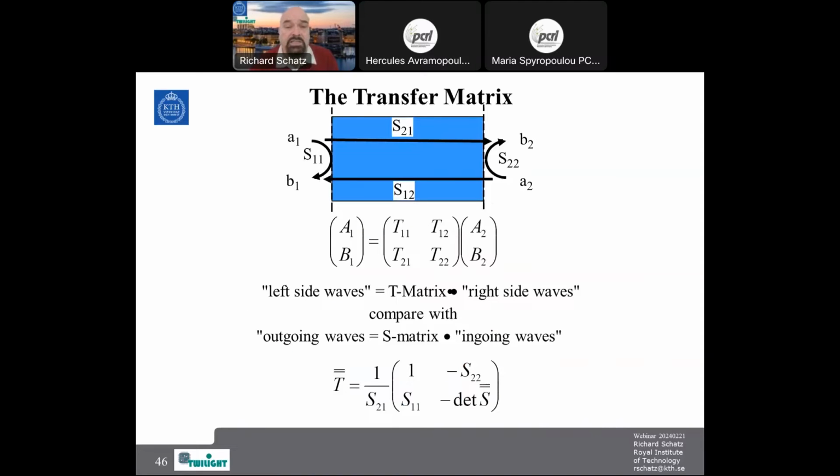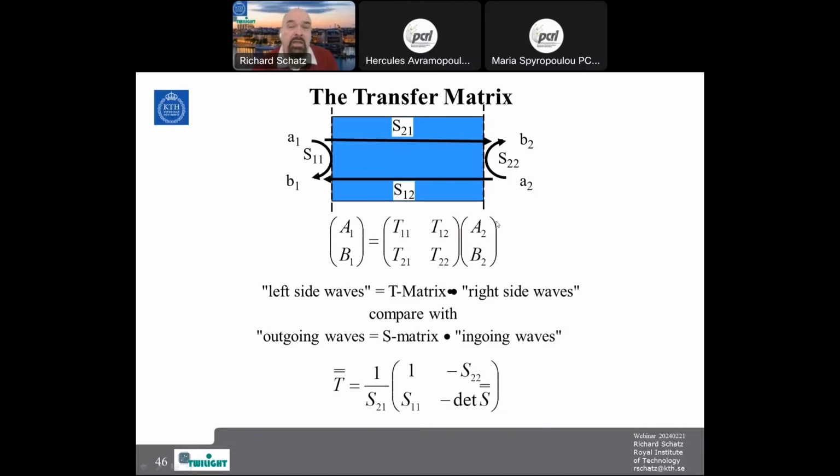So in order to solve this, we need to divide the laser into small pieces where we can assume the carrier density to be constant. And each such piece can then be described with the transfer matrix. The transfer matrix is approximately the same as the scattering matrix. It's just that instead of having output waves on the left side and input waves on the right side, as in the scattering matrix, we have waves on the left side, both ingoing and outgoing, and waves on the right side.